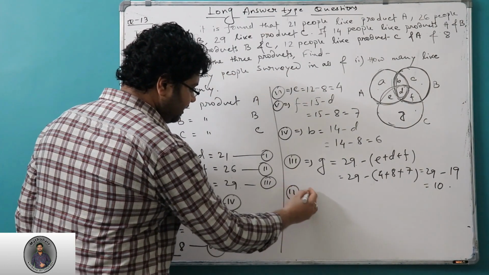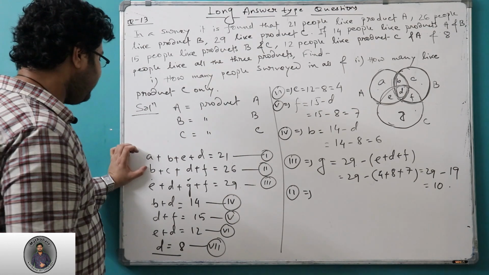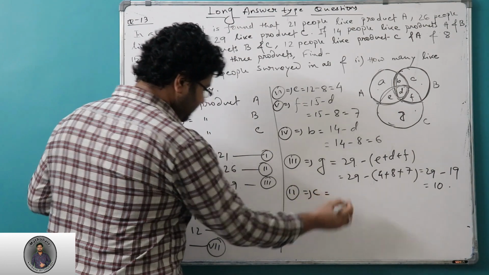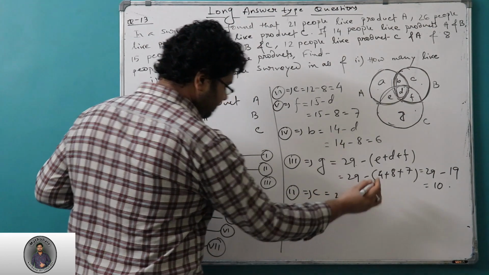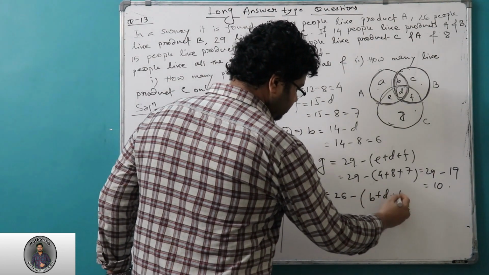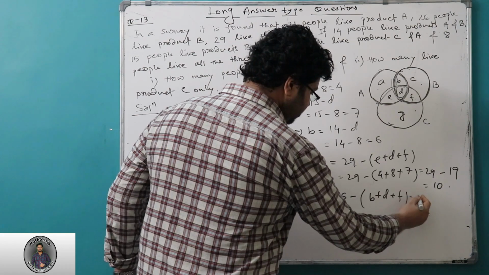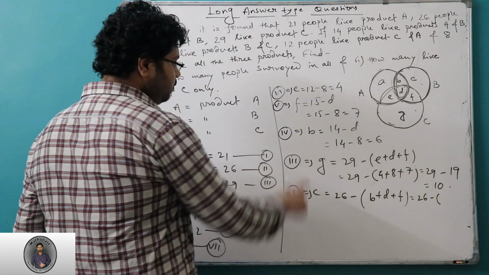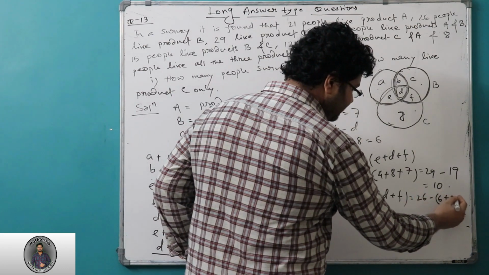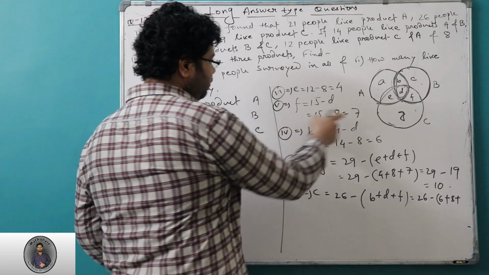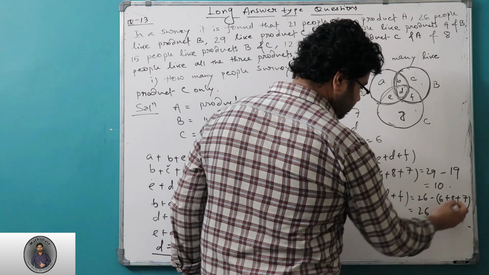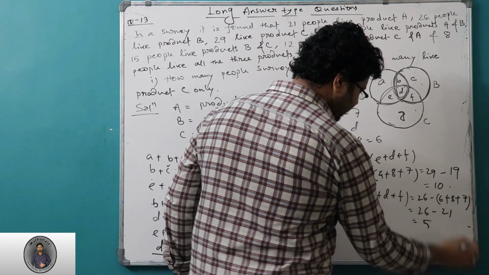And from equation number 2 we can find out the value of C, and C will be 26 minus (B plus D plus F), and this will be 26 minus B we have found as 6 plus D is given, that is 8, plus F we have found as 7, that is 21, and it will be 5.